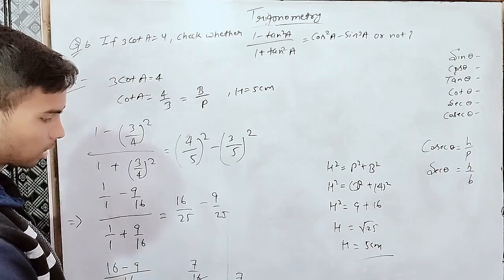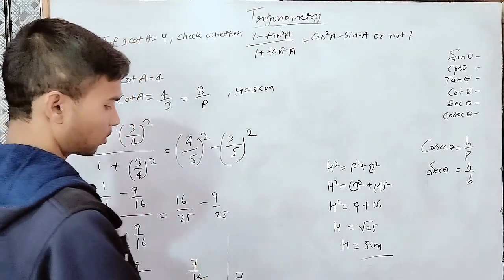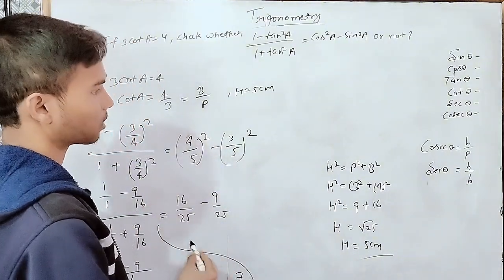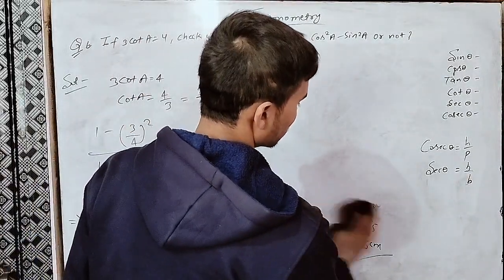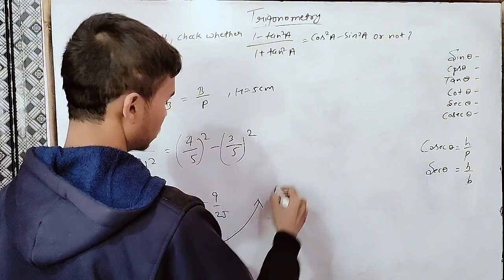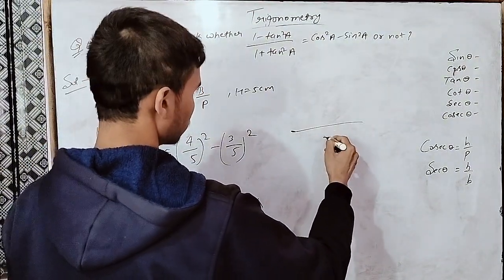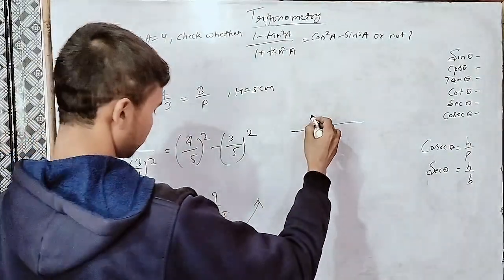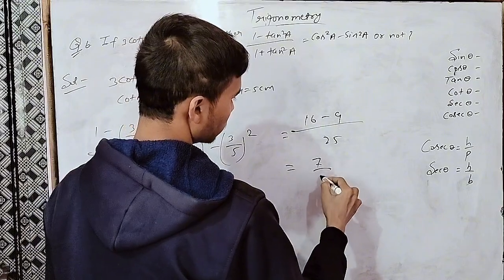Here, this side we find out 7 by 25. Now let's find out the value of this side. So here also 7 by 25.